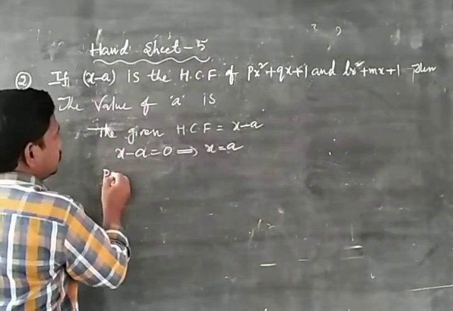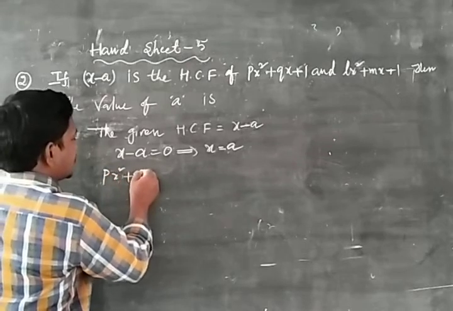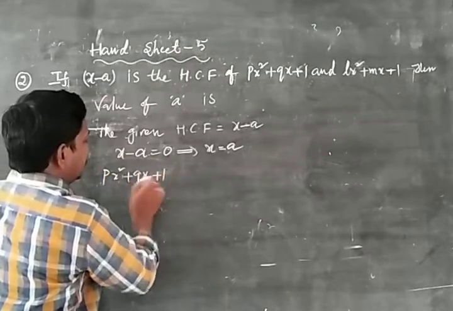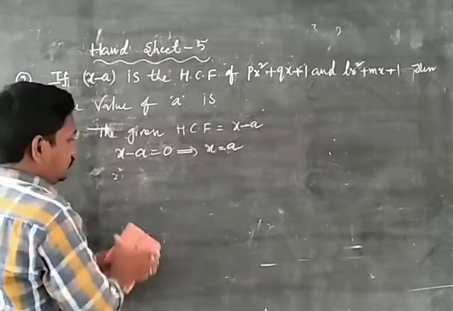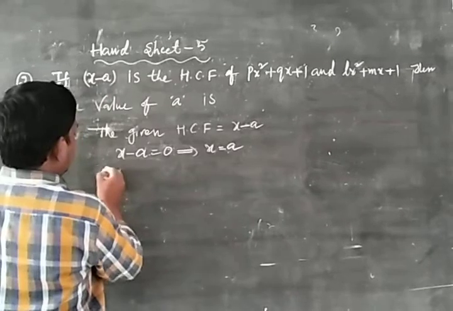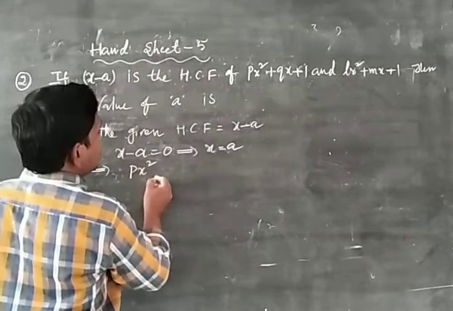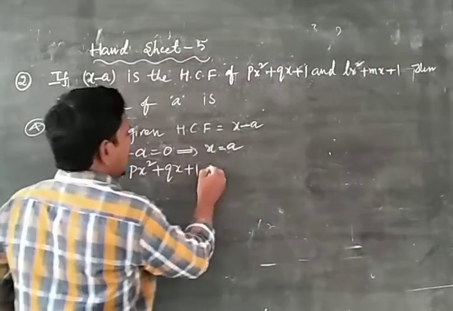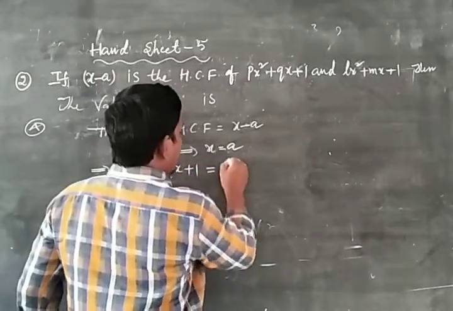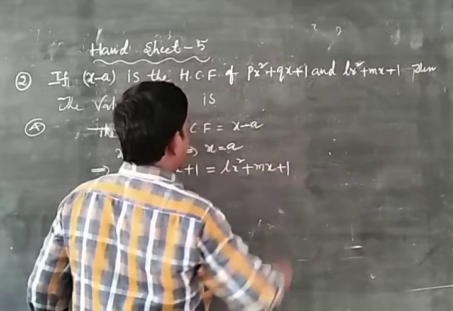We have to take px square plus qx plus 1 equal to lx square plus mx plus 1.